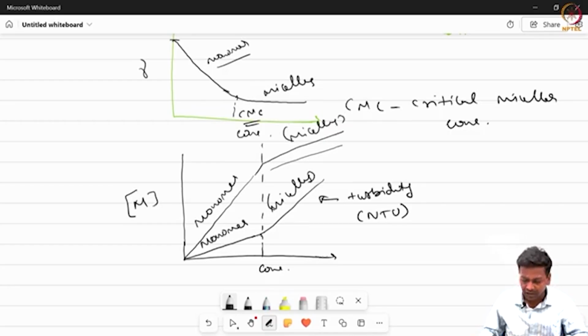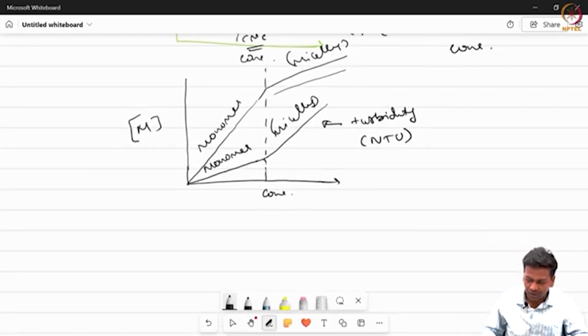So the point at which this transition occurs from monomer to micelle is nothing but the critical micellar concentration, and these two properties are measured in the bulk, right?